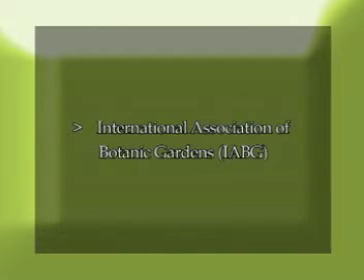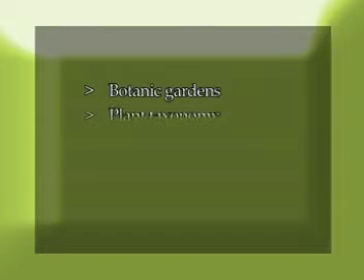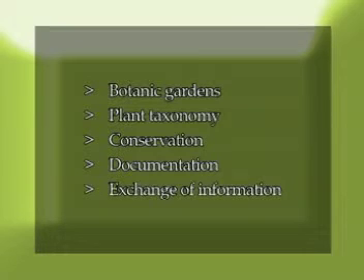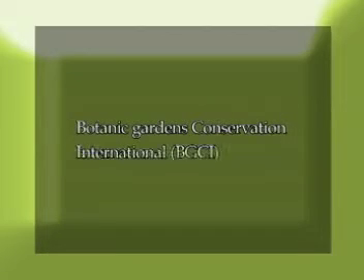As regards existing botanic garden networks, the two major network organizations operating worldwide are: number 1, International Association of Botanical Gardeners, IABG, formed in 1954 with the ultimate aims of promoting international cooperation between botanic gardeners, plant taxonomy, conservation, documentation, and exchange of information, and number 2, Botanic Gardens Conservation International, BGCI, founded by the International Union for Conservation of Nature in 1987.